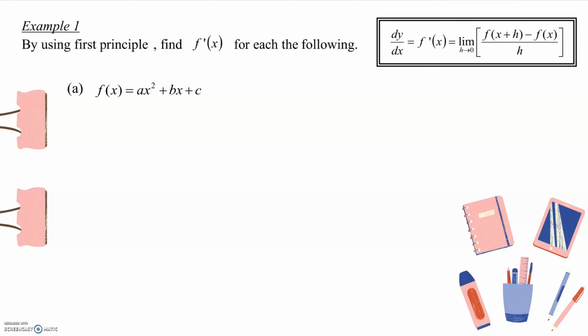Now let us try to do example 1. We need to find f'(x) by using the first principle. So by looking at the formula, we need to have f(x+h). Here f(x) is equal to ax² + bx + c.